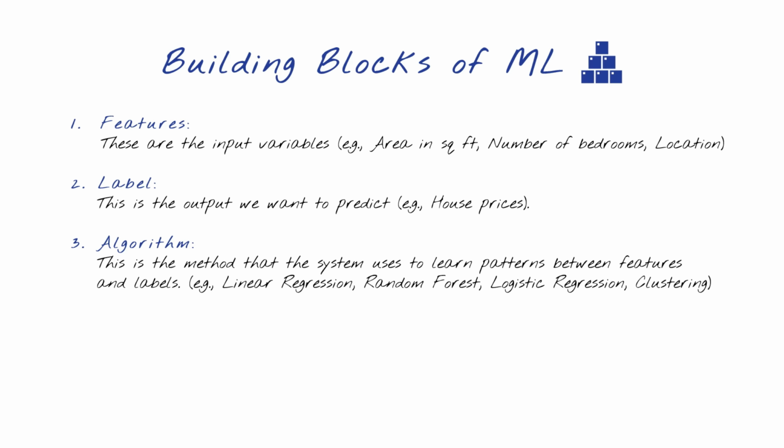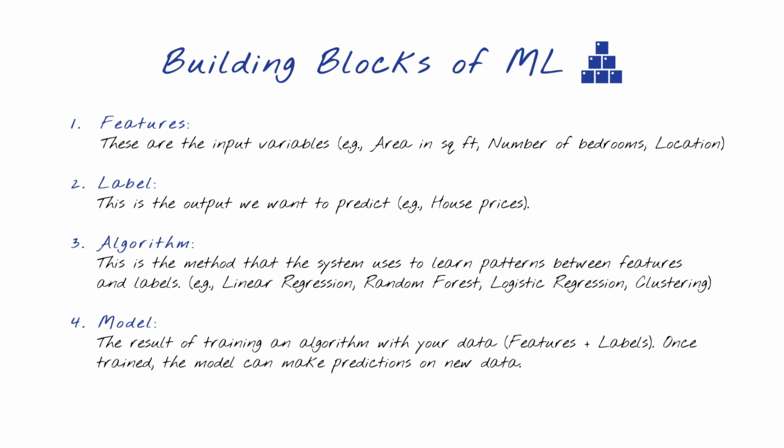Each works in its own way to uncover patterns and make predictions. We'll dive deeper into some of them in upcoming videos. Most of these algorithms are pre-built and available through popular libraries, making it easy to import and use them in your projects.